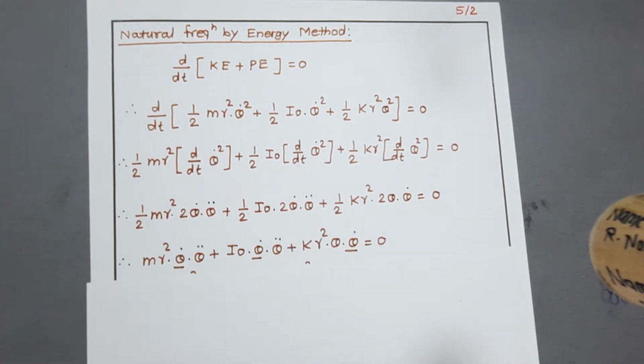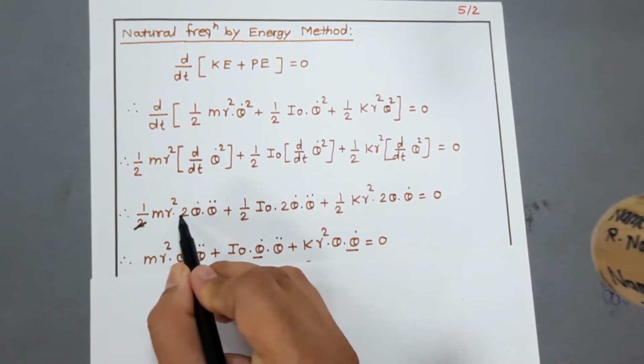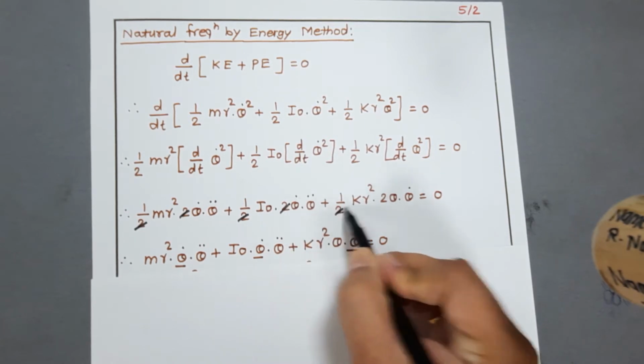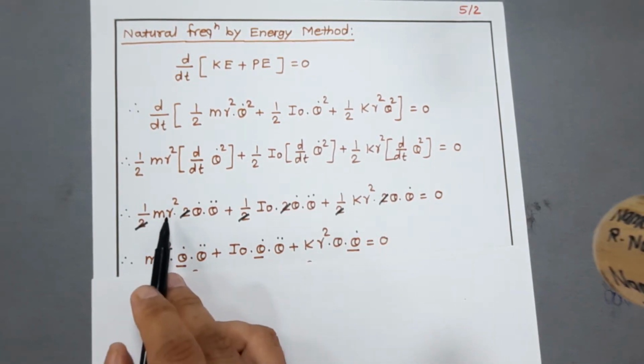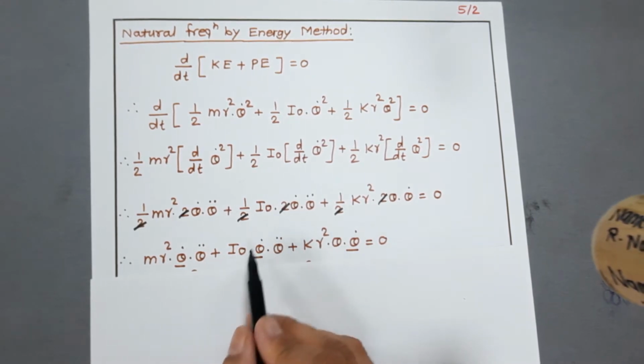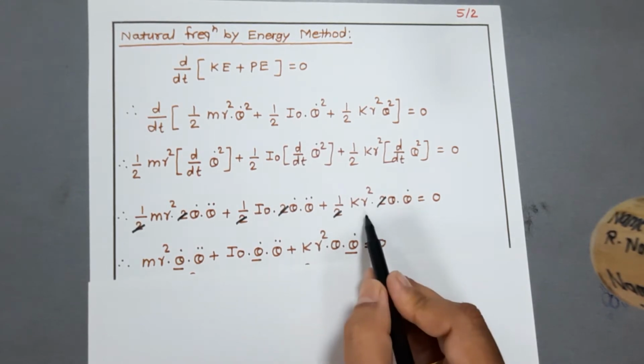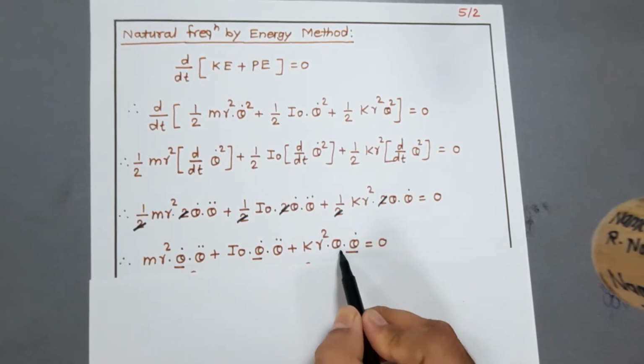Now further, if you observe and solve this, the 2 and 2 cancel here, 2 and 2 cancel here, 2 and 2 cancel here. What is remaining is m r squared theta dot into theta double dot, plus I0 theta dot into theta double dot, and from the third term k r squared theta dot into theta.